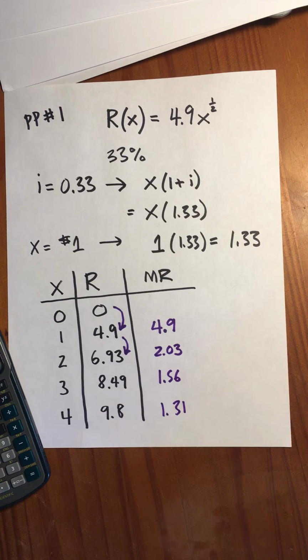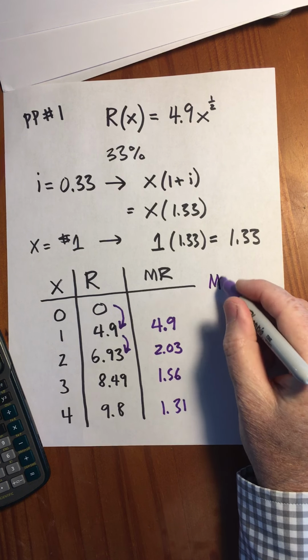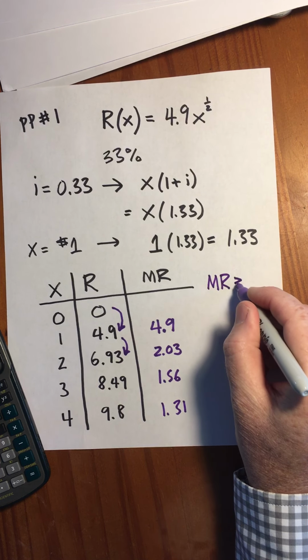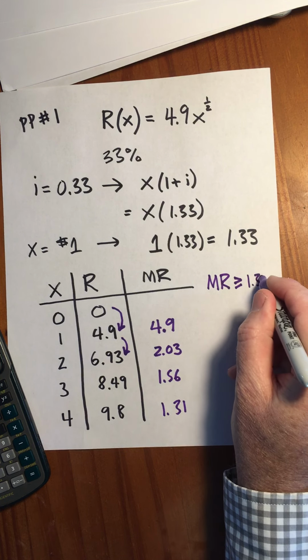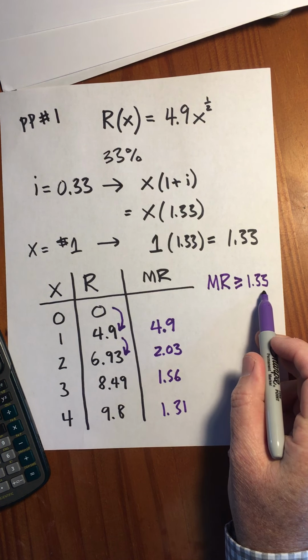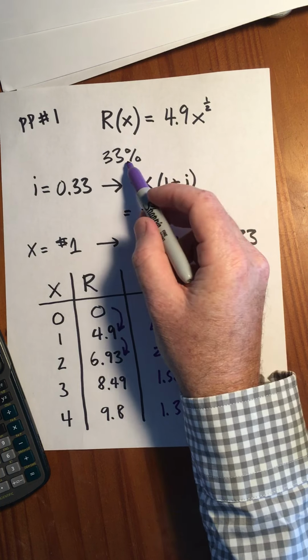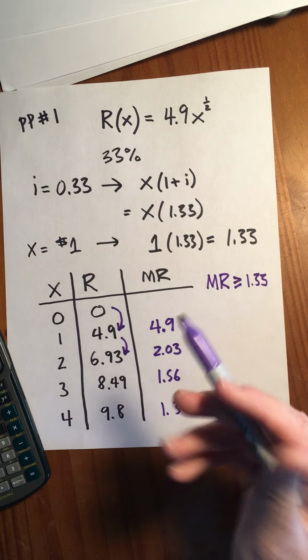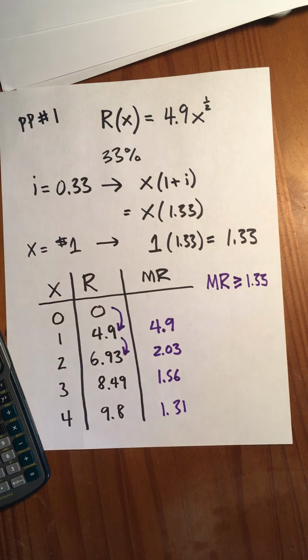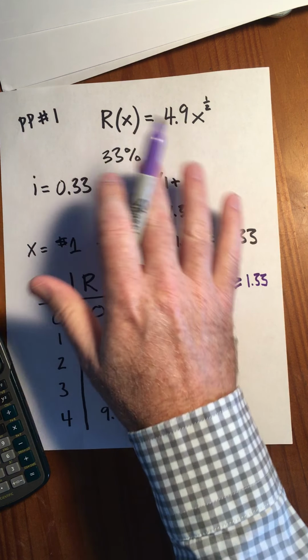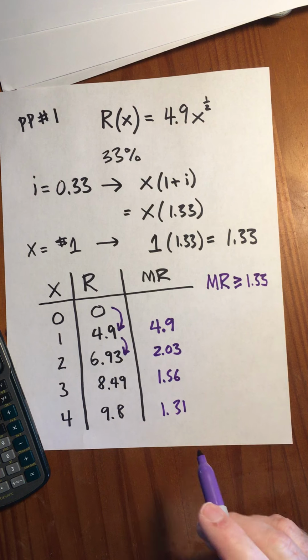Here's my rule: as long as the marginal revenue being generated is greater than or equal to the cost of borrowing money, which in this case is 1.33. Of course, it always depends on what I is. If I changes, the cost of borrowing changes. This firm is paying a pretty high interest rate, 33%. If you get a lower interest rate, things will change.